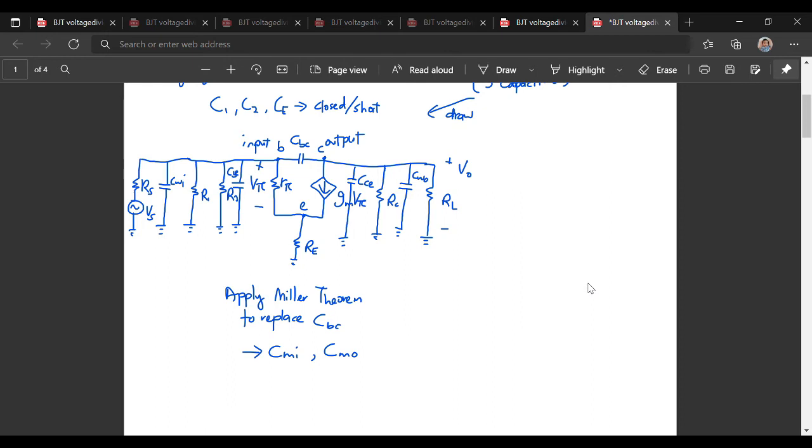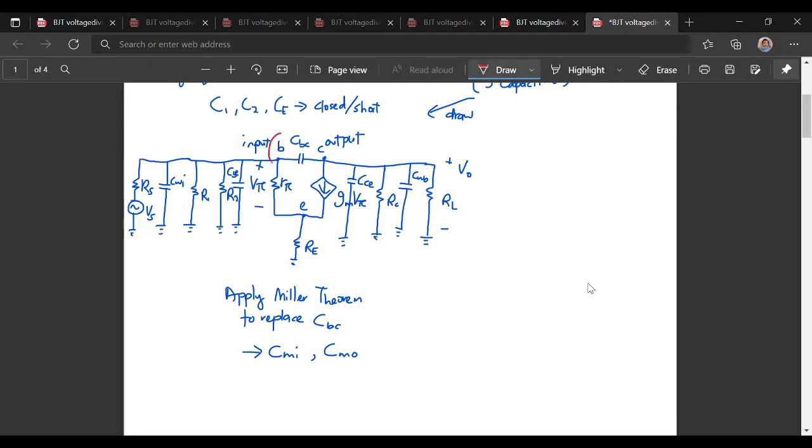Okay, means you need to connect the capacitors at the base and also at the collector. So just draw at any point over here. This is C Miller input, and another one is at the collector node. Okay, so this is C Miller output. Alright, now we can remove CBC over here. I just erase it using the eraser.